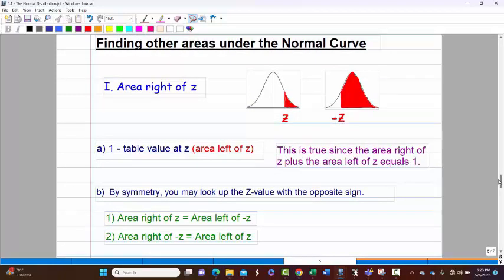We're going to want other values. Like what if we want the area to the right of the z, meaning in word problems that would mean greater than.